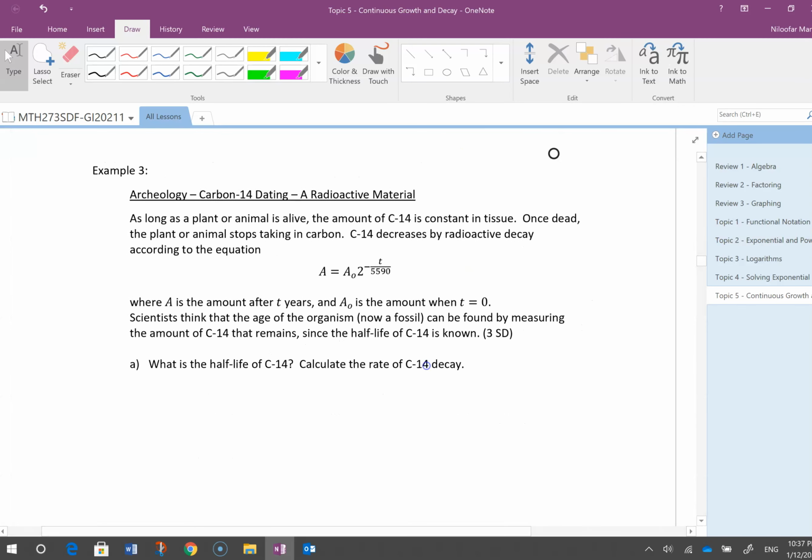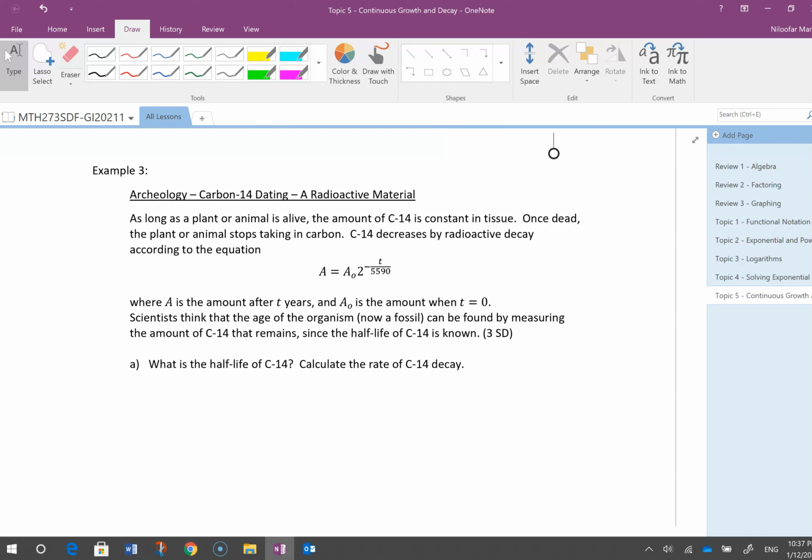Okay, so I can see this question. It says as long as a plant or animal is alive, the amount of C14 is constant in tissue. Once dead, the amount of C14 is decreasing. So the equation is like this.